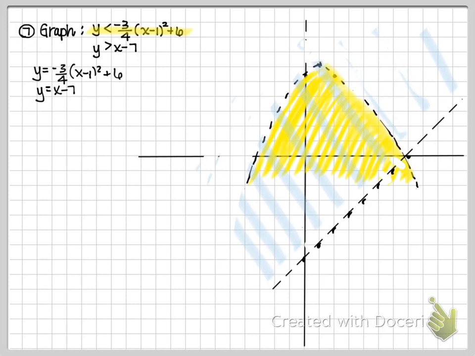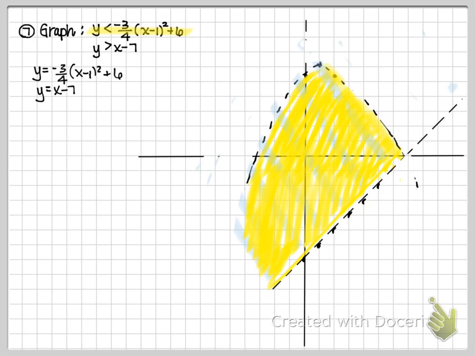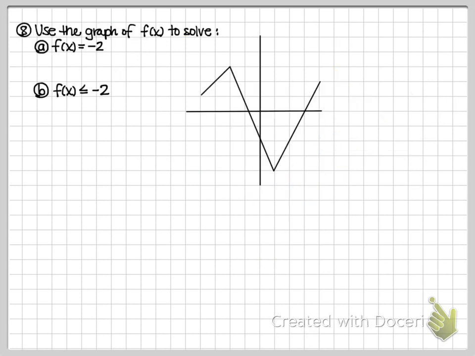And since I do have some yellow there, I want to make sure that I'm showing that I'm either keeping all of the yellow or getting rid of the extra. So let's grab our yellow highlighter again, and we know that this is also going to come down here. So my shading, or my solution to this, is going to be the yellow region. And I should probably continue my parabola so we can see it. So there is where my shading is for this solution.